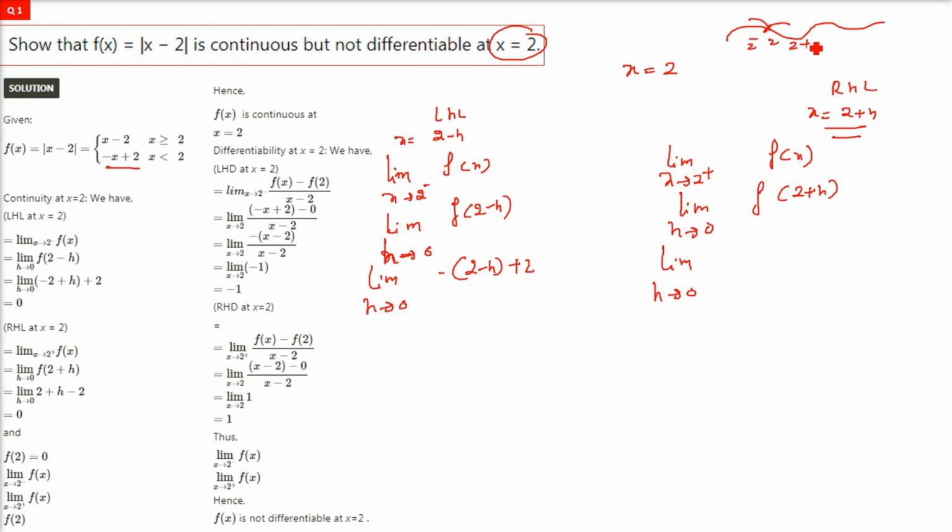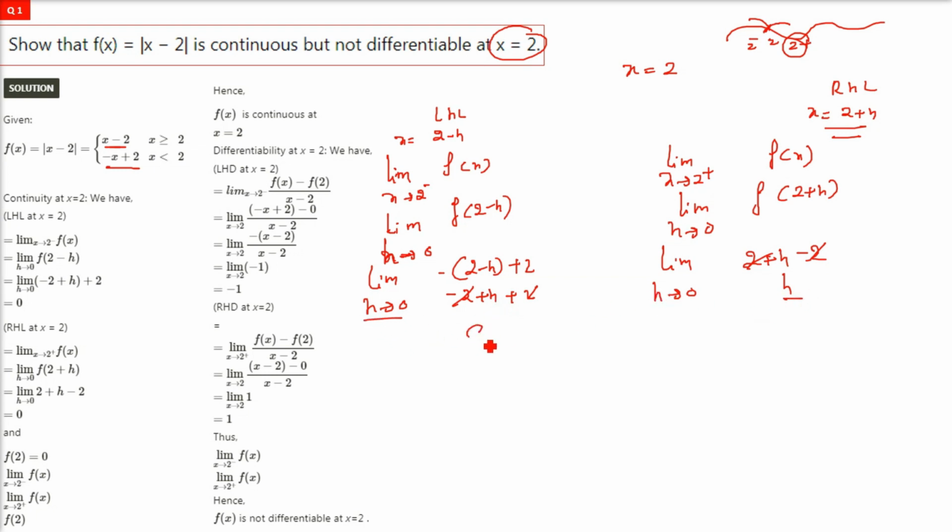Now we are going greater than 2, and for that we have to use x minus 2. So in x minus 2, replace x by 2 plus h: 2 plus h minus 2. Now what you get is minus 2 plus h plus 2, and here the 2s cancel and you get h. Here also the 2s cancel and you get h. So both ways you get limit h tends to 0 of h.